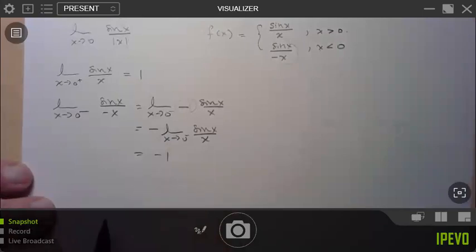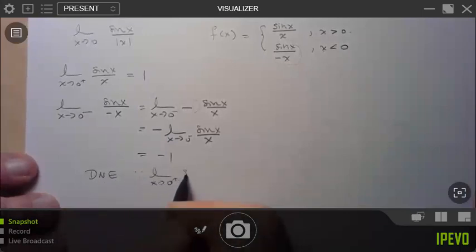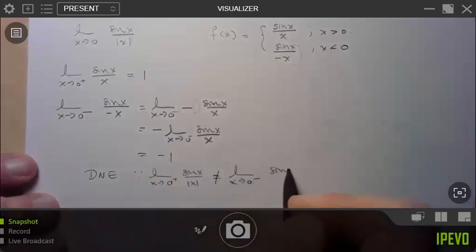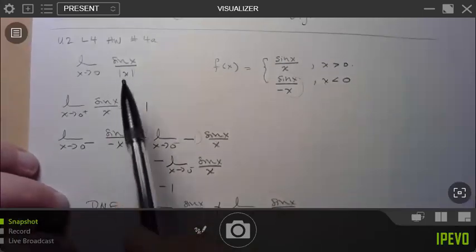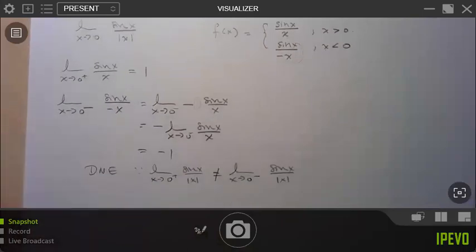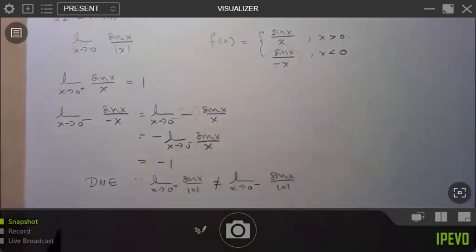No. So the limit does not exist, since the limit as x approaches 0 from the right is not equal to the limit as x approaches 0 from the left. Okay. So I would be more likely to give you questions like part B here, or the ones that were in the assignment, than this one, just because we haven't worked that much with absolute values. But this one is a pretty simple one, though it is probably not the type of question I would ask. Okay.